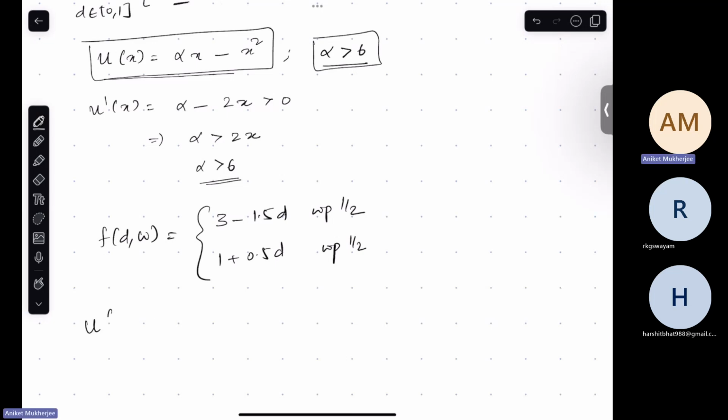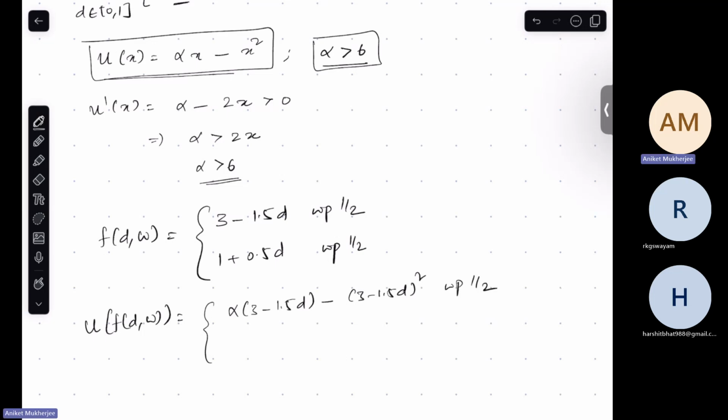So now U of F(D, omega) you also need to write: alpha times (3 minus 1.5D) minus (3 minus 1.5D) whole square.